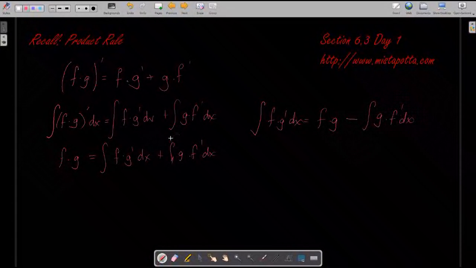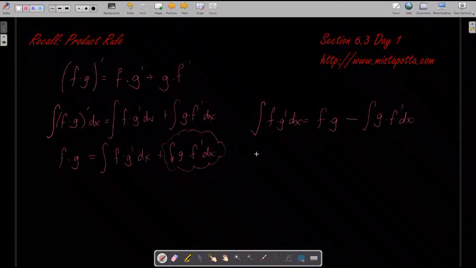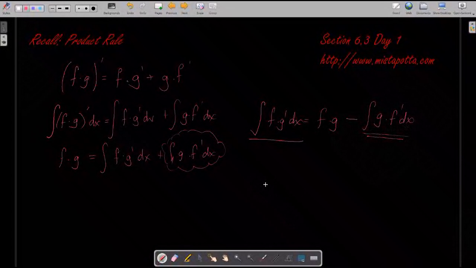So I can solve for one integral in terms of a product of two functions and another integral. And the reason I would do that is that I would start off with something that seemed pretty hard, and this resulting integral should be easier.